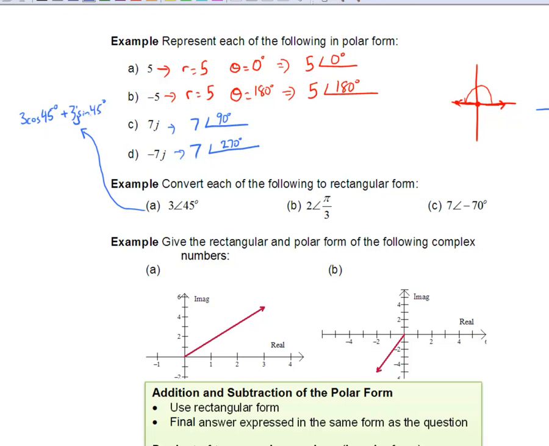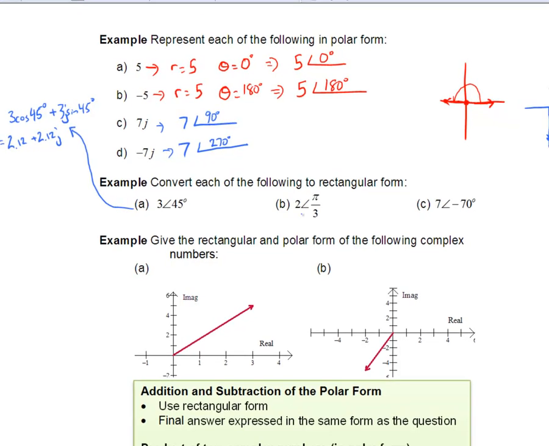That's the long version of this. Now you just put this on your calculator. 3 times the cosine of 45 and 3 times the sine of 45, leaving of course the j because that's part of our rectangular form, and we get the answer of 2.12 plus 2.12j. Now it's in rectangular form.